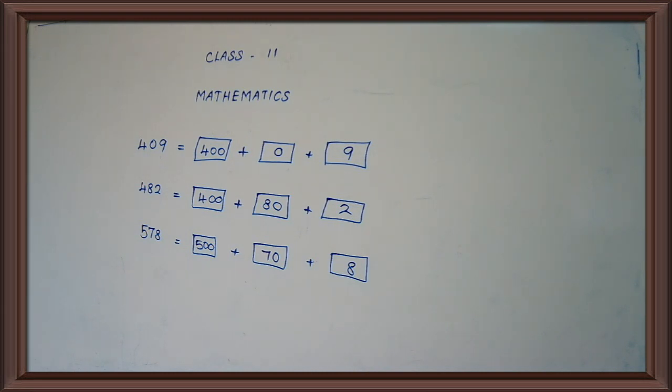The third one, 378. Ones place is 8. Tens place is 7. Is that no children? Yes. Tens place is 7. So we want to write 70. Okay. 100 place. How many 100 is here? 300. So we want to write 300. Okay.